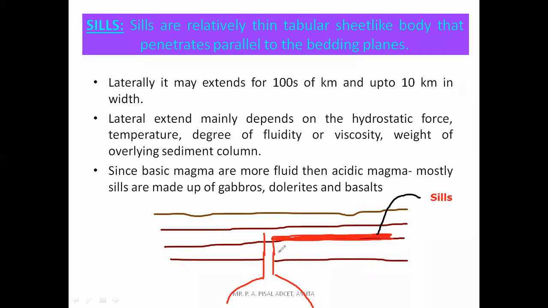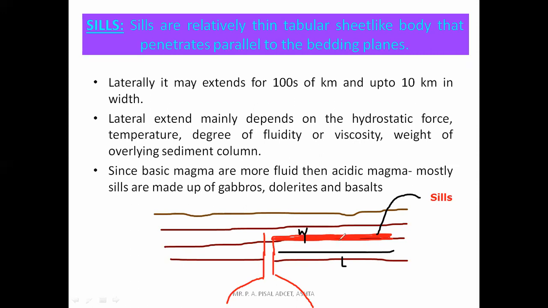This is the length of the sill, indicated by L, and this vertical distance is the width, indicated here with W. When you compare, length is very large compared to the width.